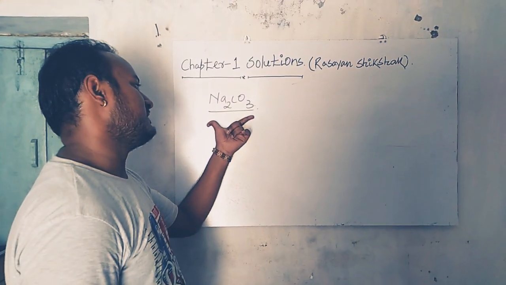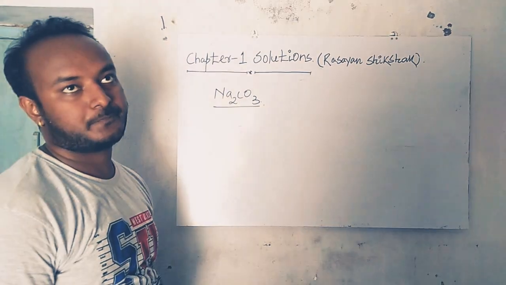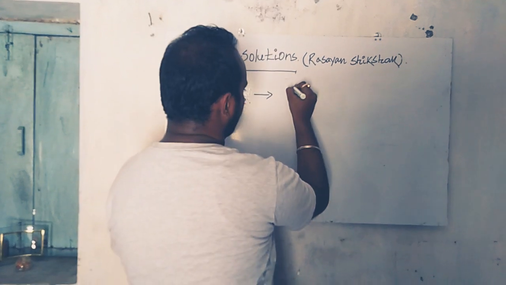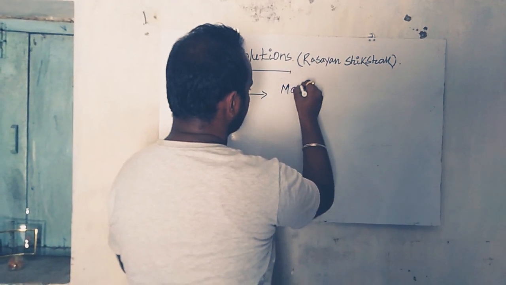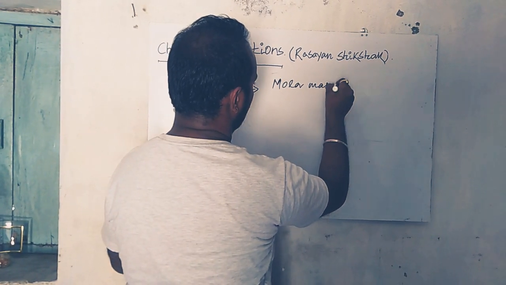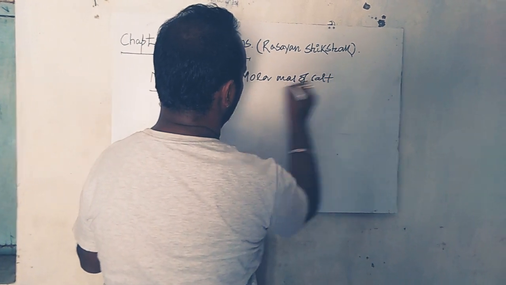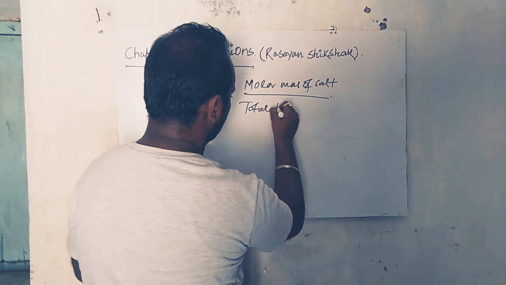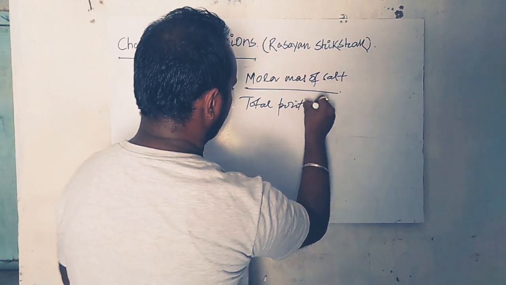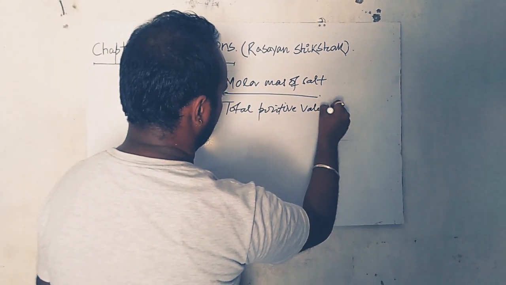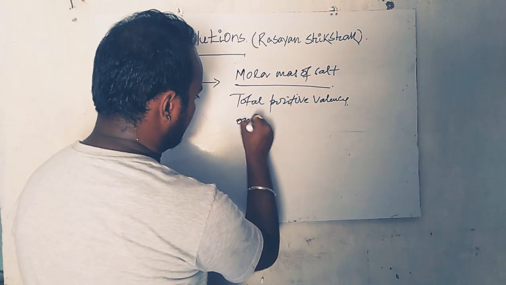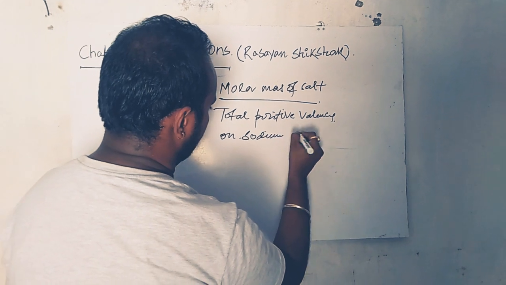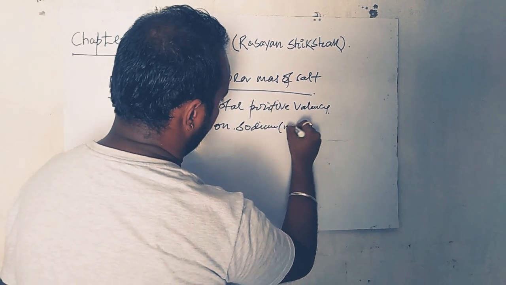For example, if you are asked to calculate the equivalent mass for sodium carbonate, so if it is a salt, then the formula becomes molar mass of salt by total positive valency on sodium or metal atom.